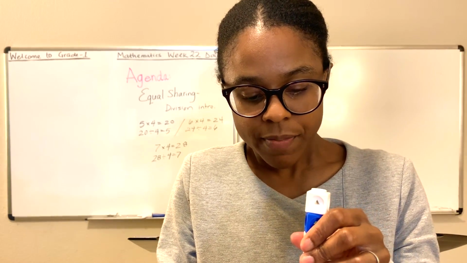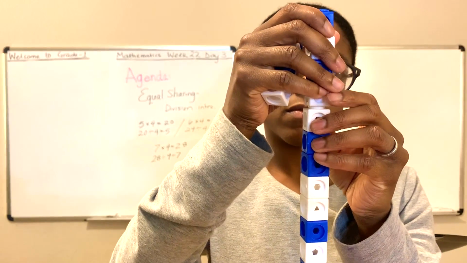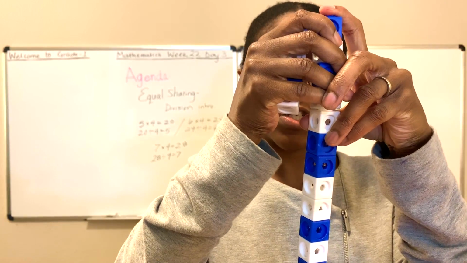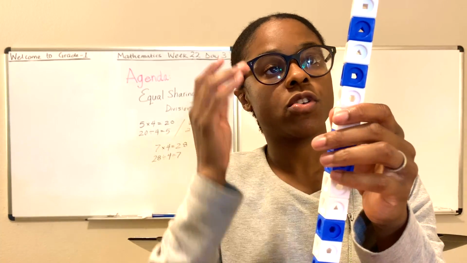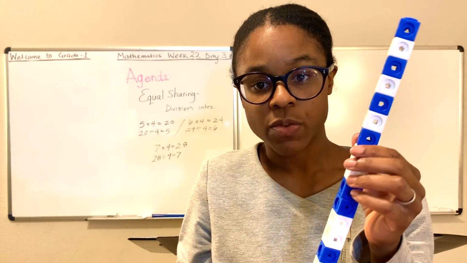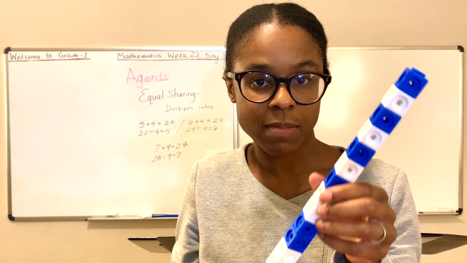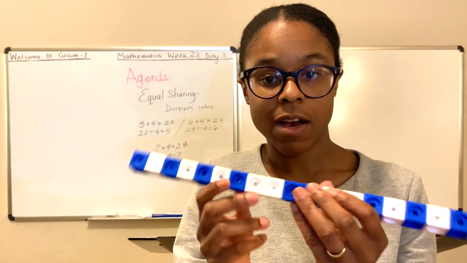If we took our 20 and wanted to share with 2 friends, I have this 20. I just want to share it with one other person, maybe my daughter or my son or my husband. Then how many parts?